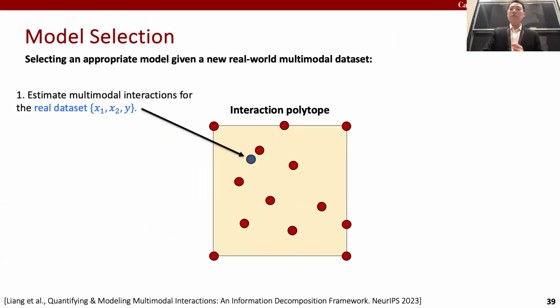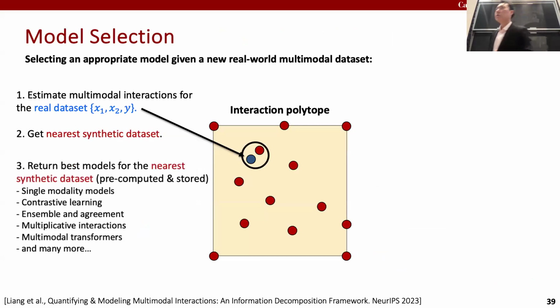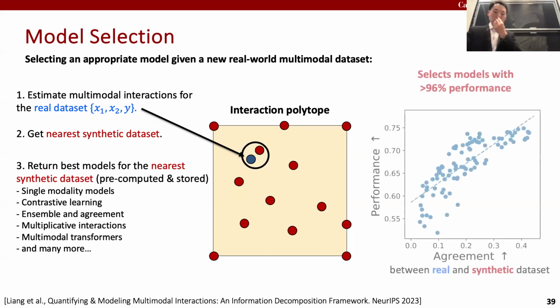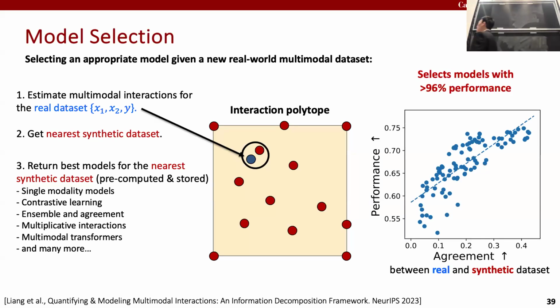The goal is that if you have a real data set, you find the nearest synthetic data set in interaction space. By finding the nearest synthetic data set, you return the model that works best for it, which can be pre-computed. That allows you to very quickly choose the right method for your real-world data set, because there is some similar nature in what works well.